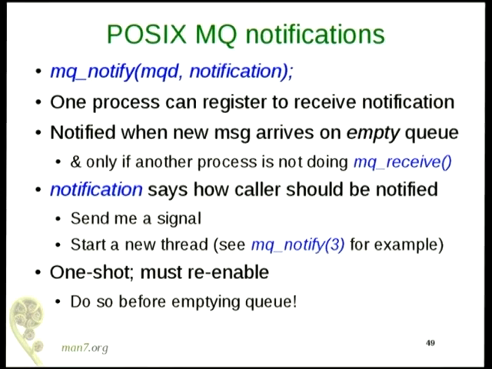I won't go into the details, but there is an example in the man page. You can choose how you want to be notified. The two main ways are one, send me a signal, or two, start a new thread in my process and give it some information about the message that has just come in.